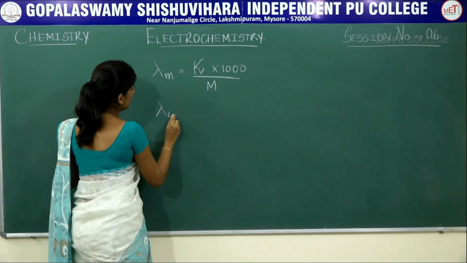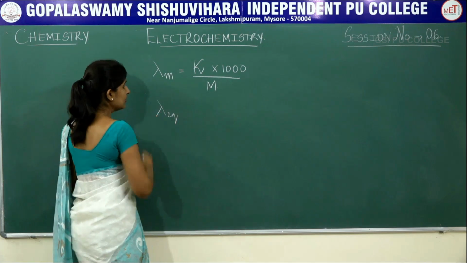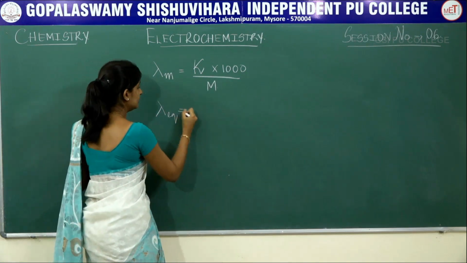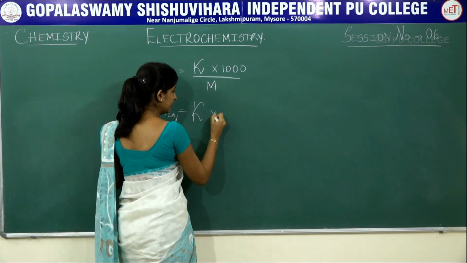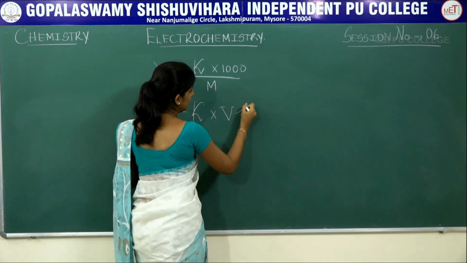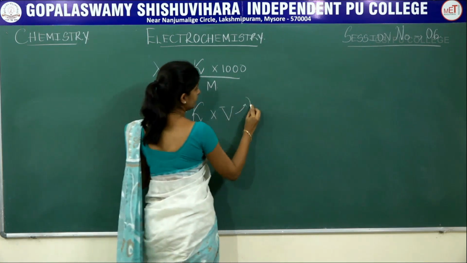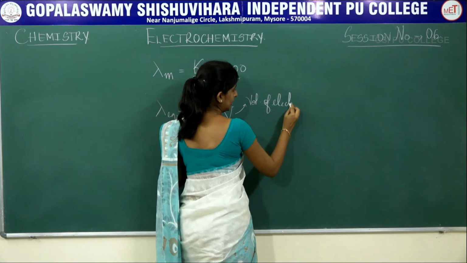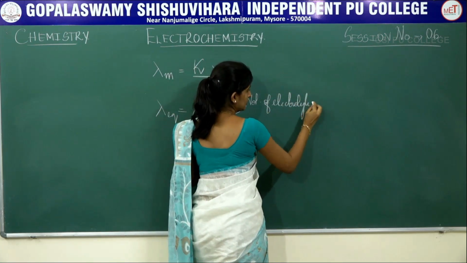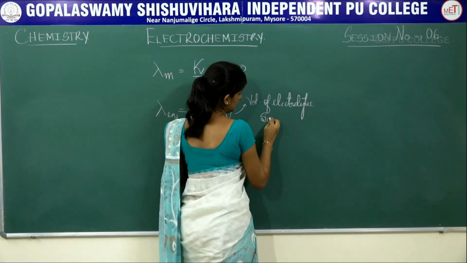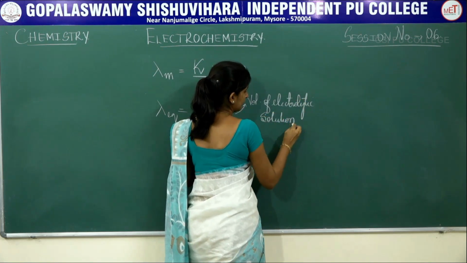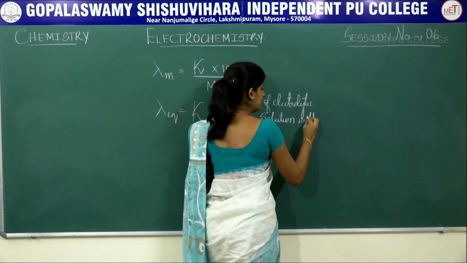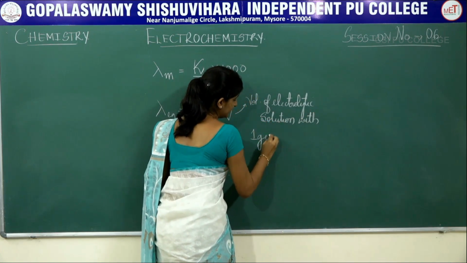Even lambda eq, your equivalent conductance, can have such an equation, that is kappa into V, where V, as I told you in the previous session, is the volume of the electrolytic solution with 1 gram equivalent weight of the substance.